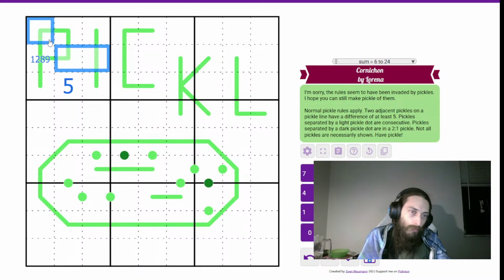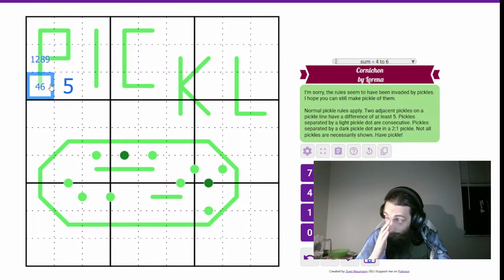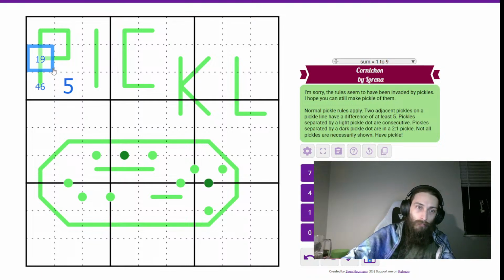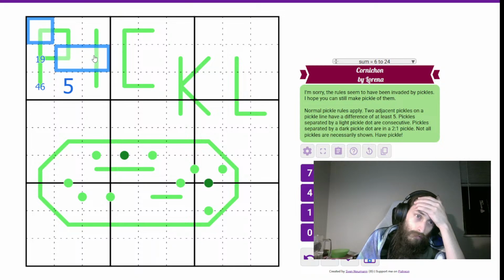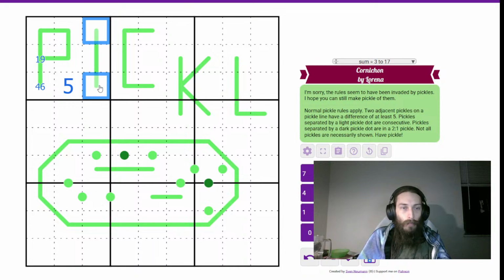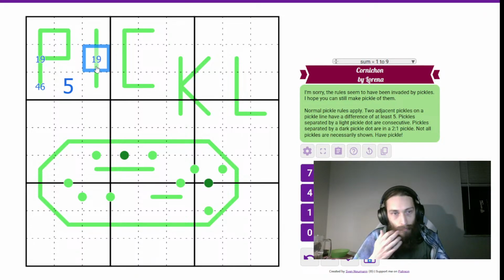But these 3 all have neighbors. So this must be 4 or 6, which means this is 1 or 9. And the other 4 or 6 is going to have to be one of the ends. So then this is the other 1 or 9.